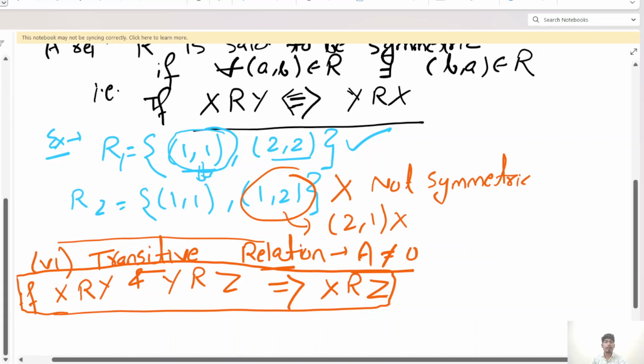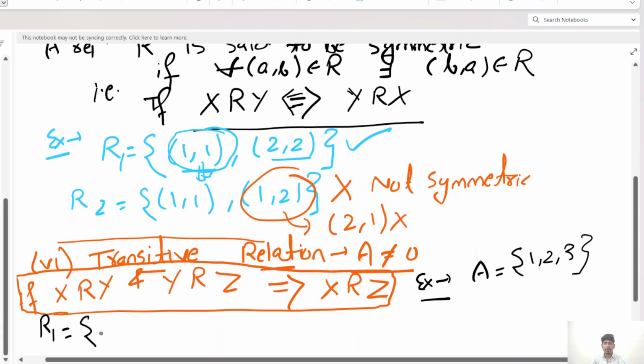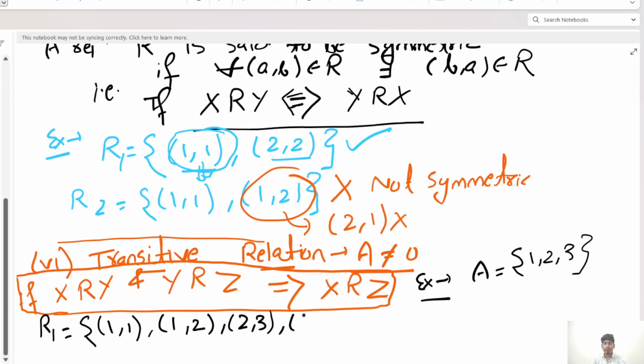Let's give an example. A is the set {1, 2, 3}. Then R1 we take (1,1), (1,2), (2,3) and (1,3).